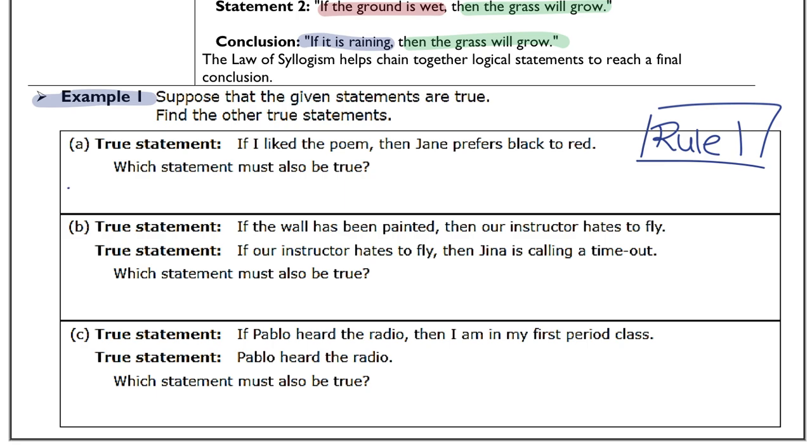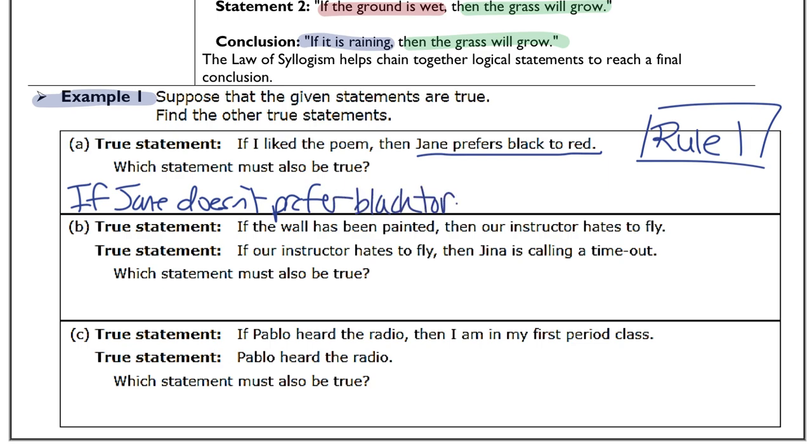So we can basically say, if we're going to say the opposite of this, if Jane doesn't prefer black to red, then she doesn't like the poem.